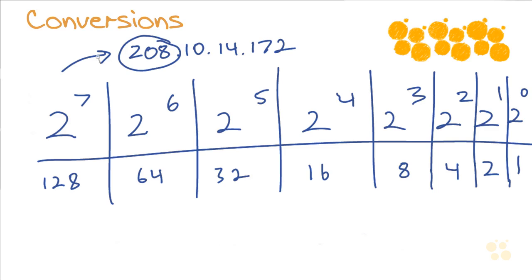Here's what you do when you do the conversion. You go to this first position in your chart, and you say, can I take that number away from the number I need to convert? In other words, let's draw out our 8-bit positions here. What is the value of the first, and by first I mean leftmost bit position?